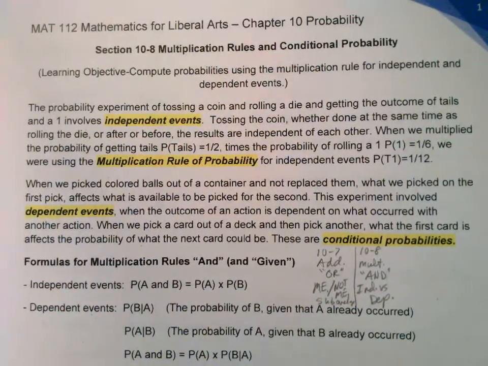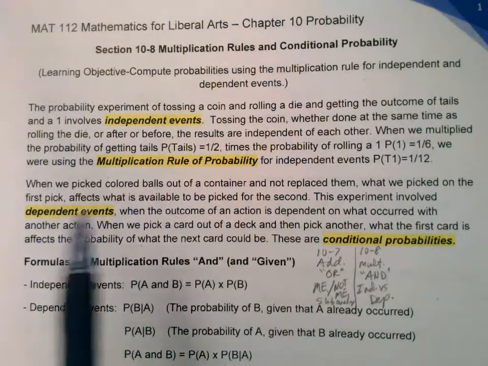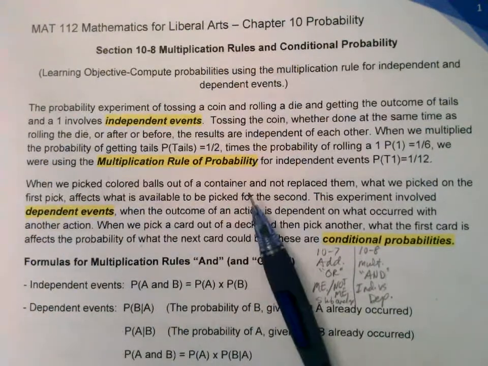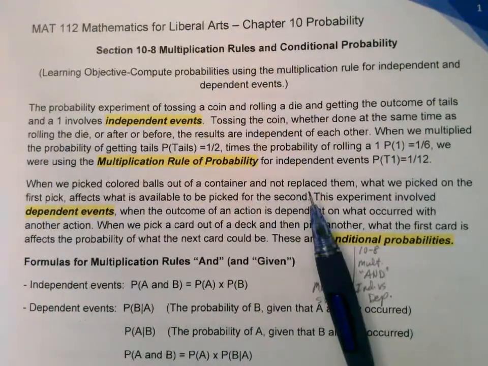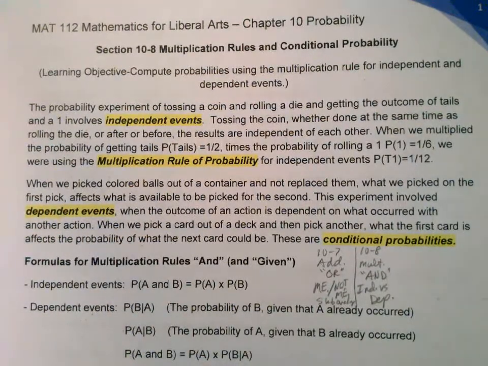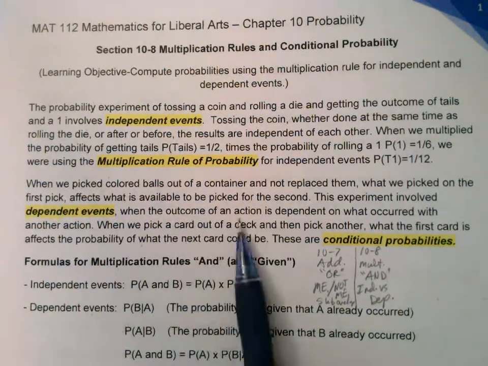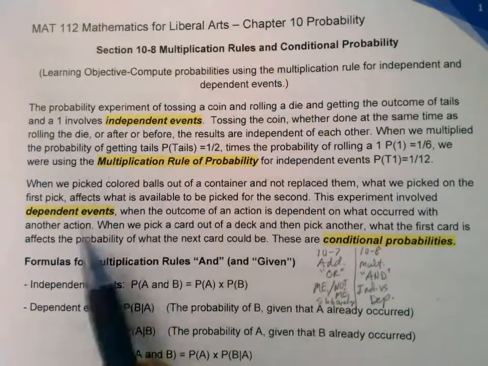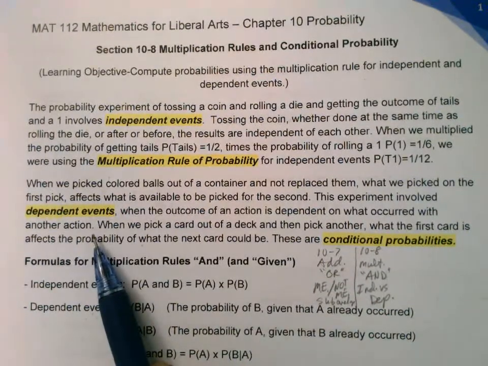And also in the first section, we picked colored balls out of a container and did not replace them. When we picked out the first pick, that affects what's going to be picked second. So this statistical experiment involved dependent events, when an outcome of the action is dependent on what occurred at the other action.